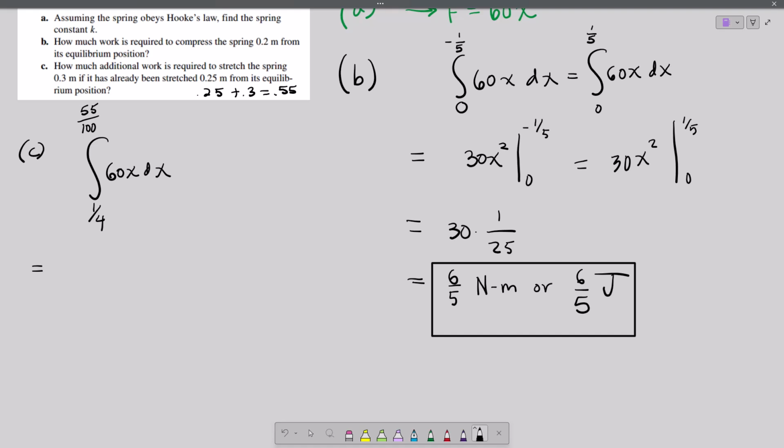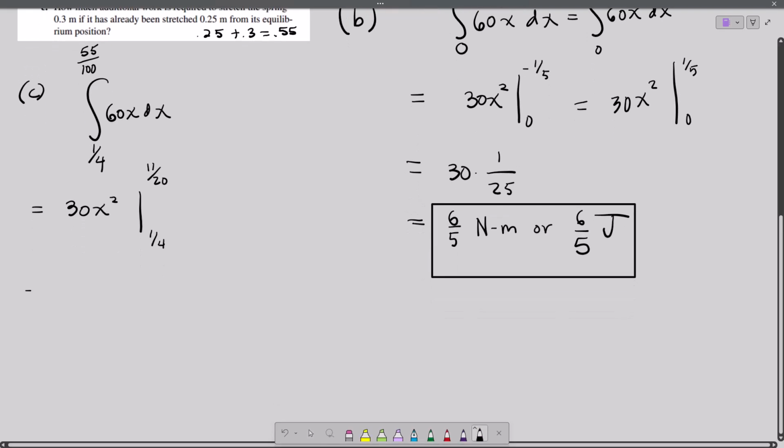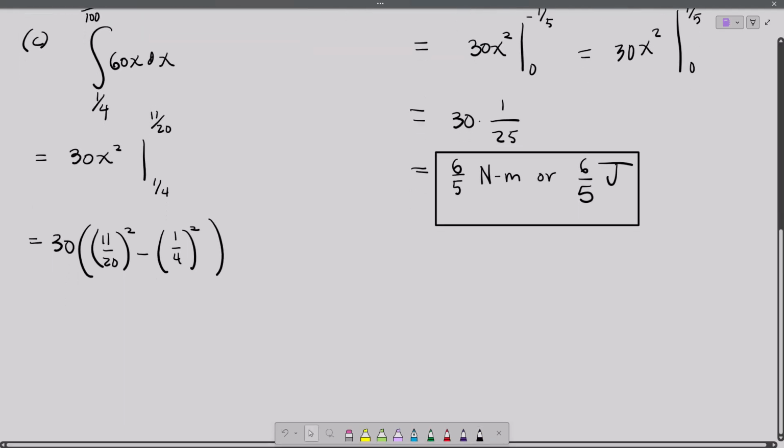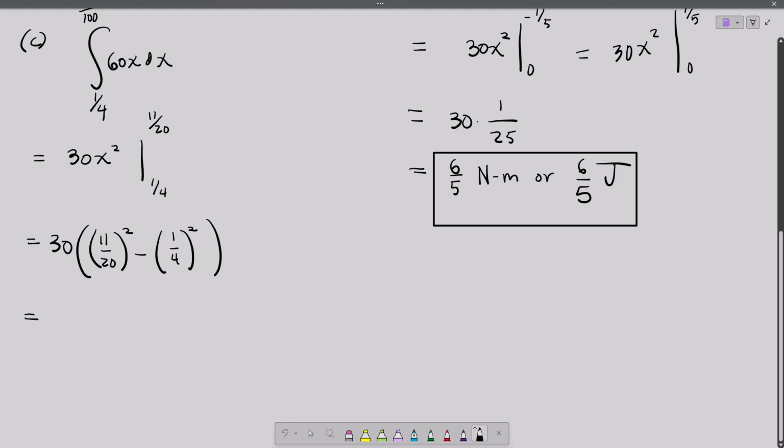So we have the same antiderivative. We're going to go from 1/4 to, if we simplify that, 5 goes into there 11 times, 5 goes into there 20 times. So 11/20 squared minus 1/4 squared. I'll do that arithmetic later, but that'll be our answer, and that will be, again, in joules.